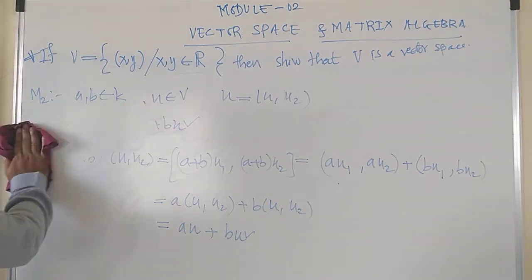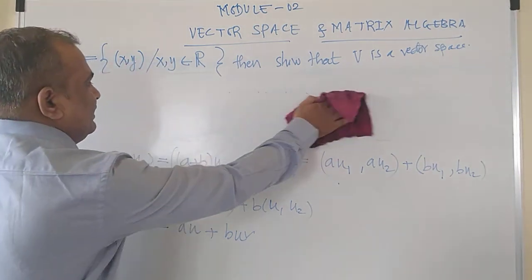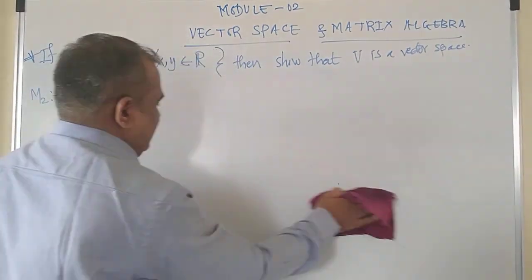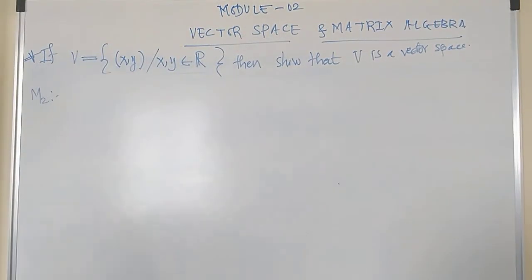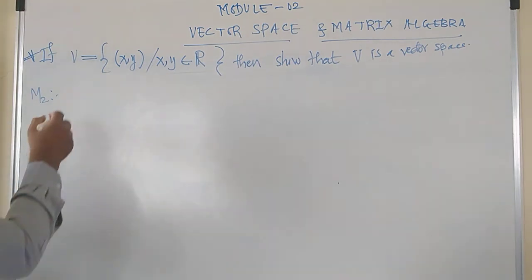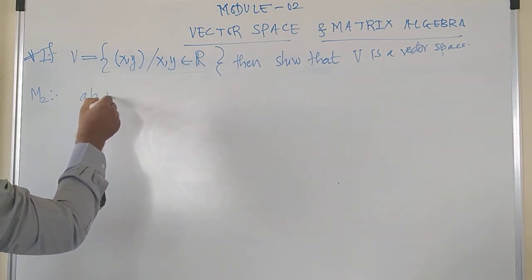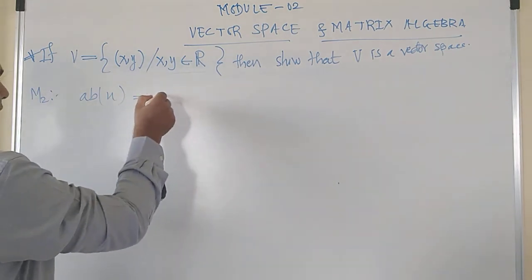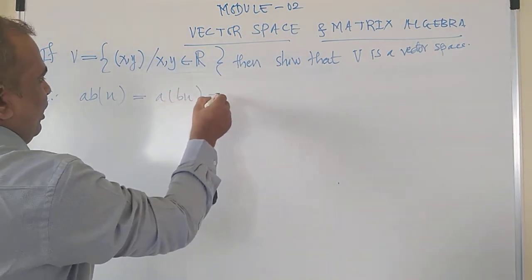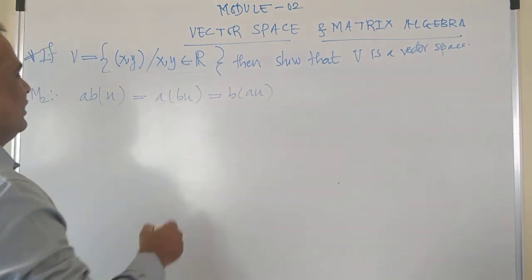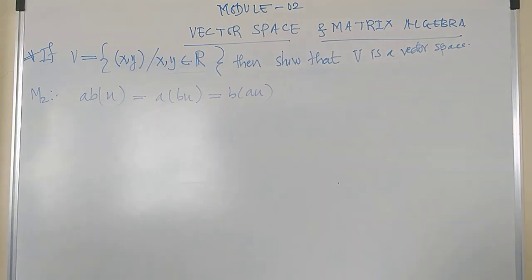Now to check m3, what is the next axiom m3? The m3 axiom is for two scalars a, b and the multiplication of these two scalars ab with u. So if ab into a vector u is equal to a into (bu) or this is equal to b into (au), then the given axiom is said to be followed.